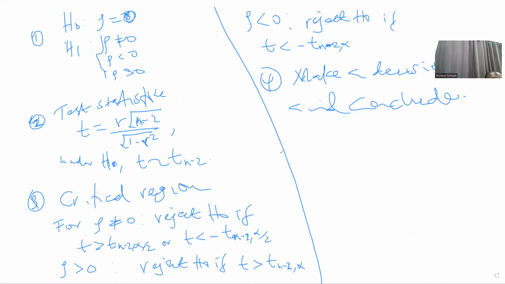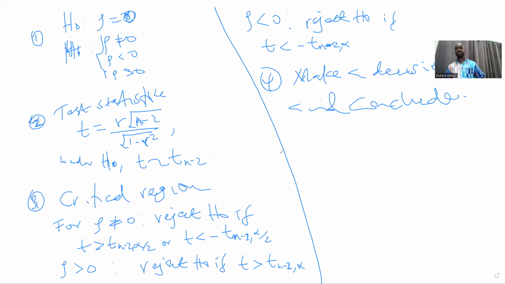So compute the test statistics, state your degrees of freedom, read it from tables, and then check, okay? All right, so that's part of your assignment, and make a decision whether there is a positive correlation or negative correlation between the two variables.